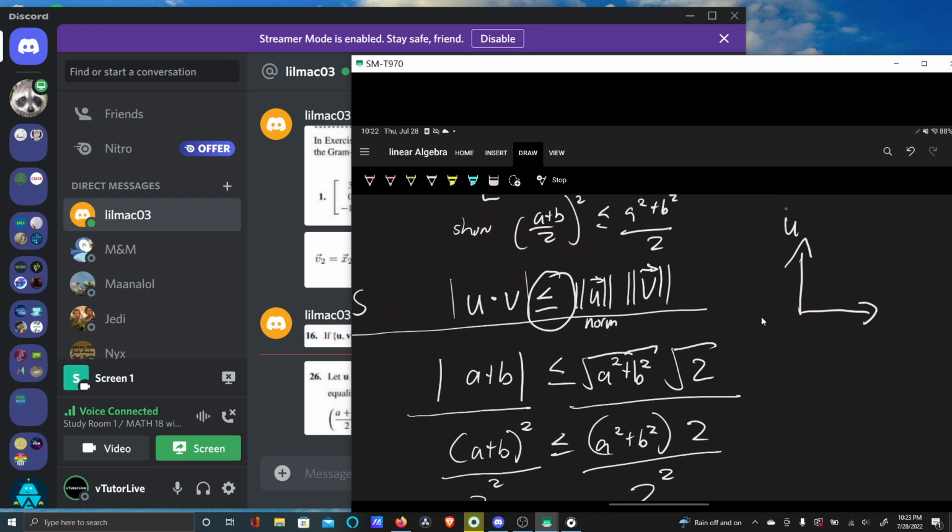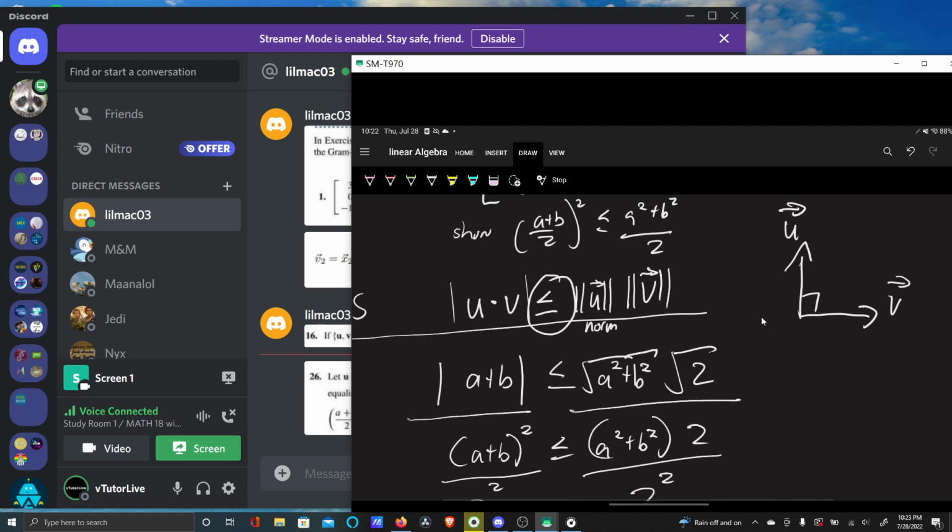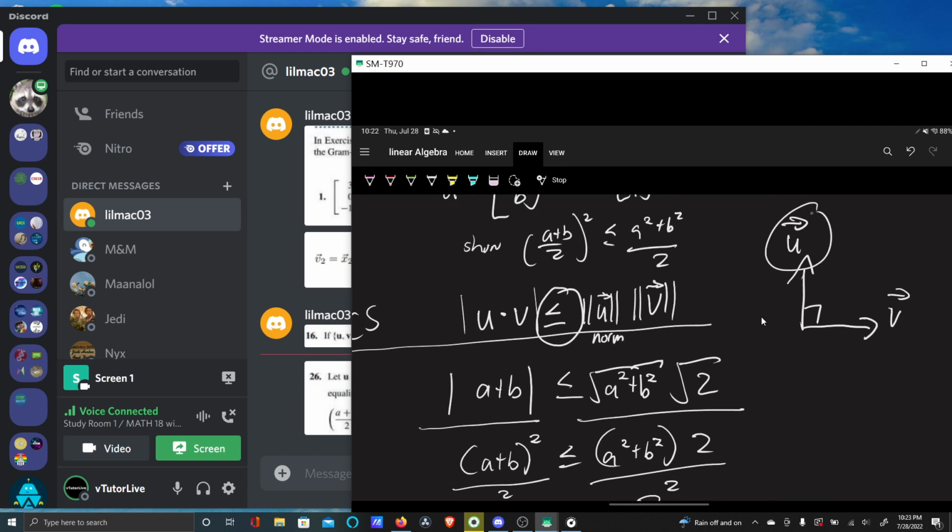Let's take a case where u and v are perpendicular to each other, and say each one has magnitude 1. So in this little example, what is u dot v going to be equal to, given that they're orthogonal to each other?